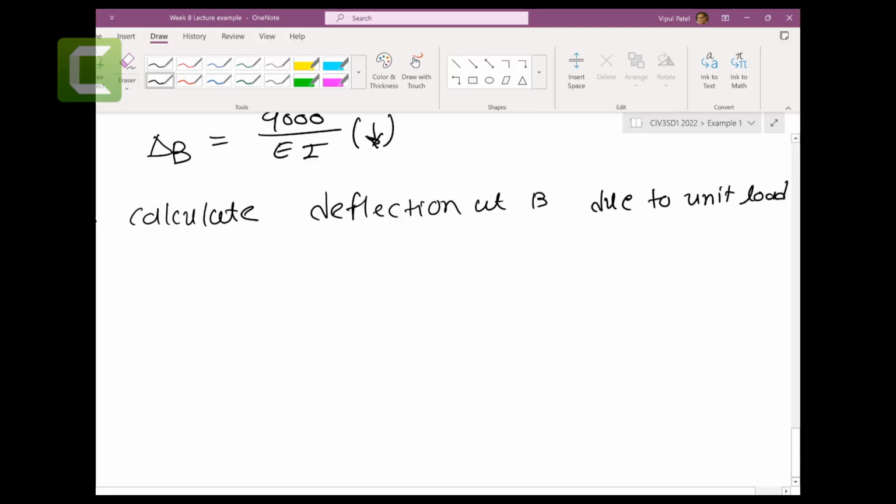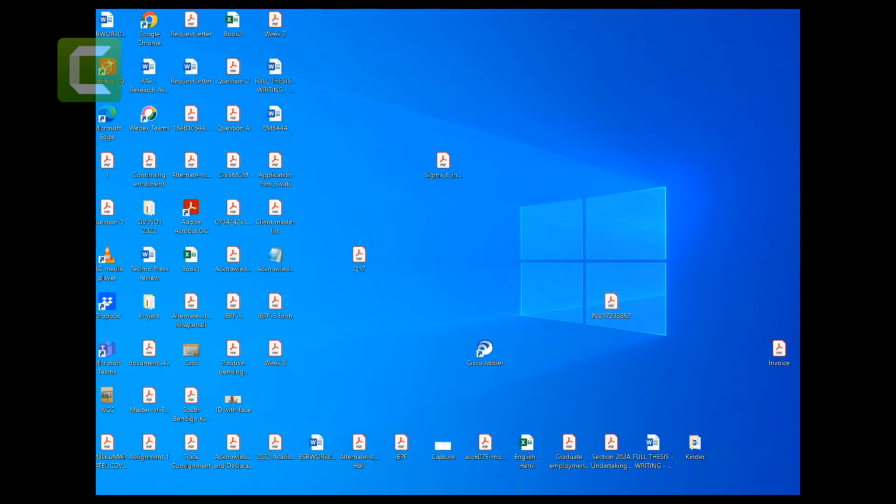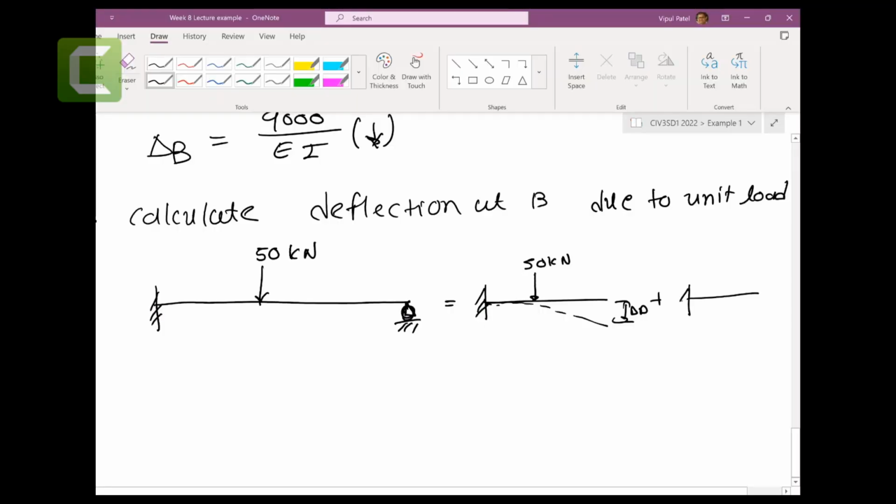Right, so now you remember that we have this one, 50 kilonewtons, and we have roller supports here. We remove that roller, and with the 50 kilonewtons we have this delta B. Now we want to put it back. So the 50 kilonewtons is not there.